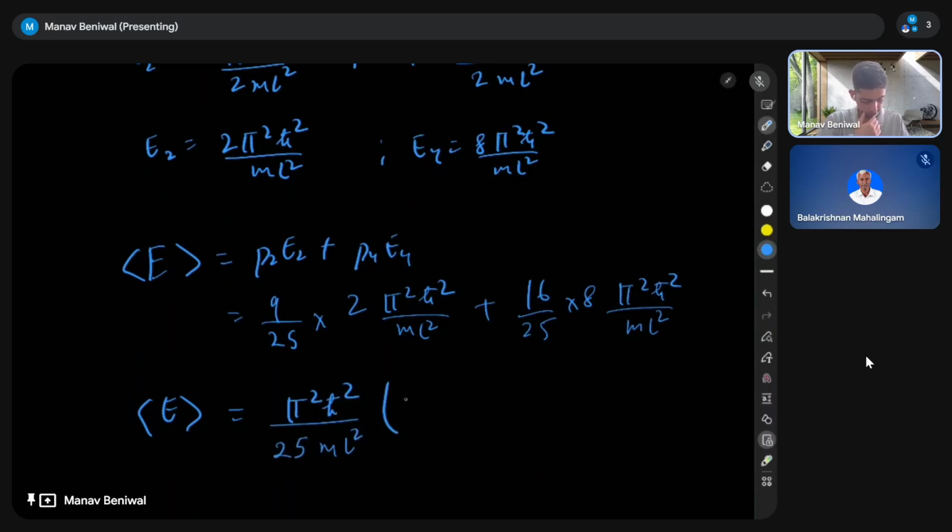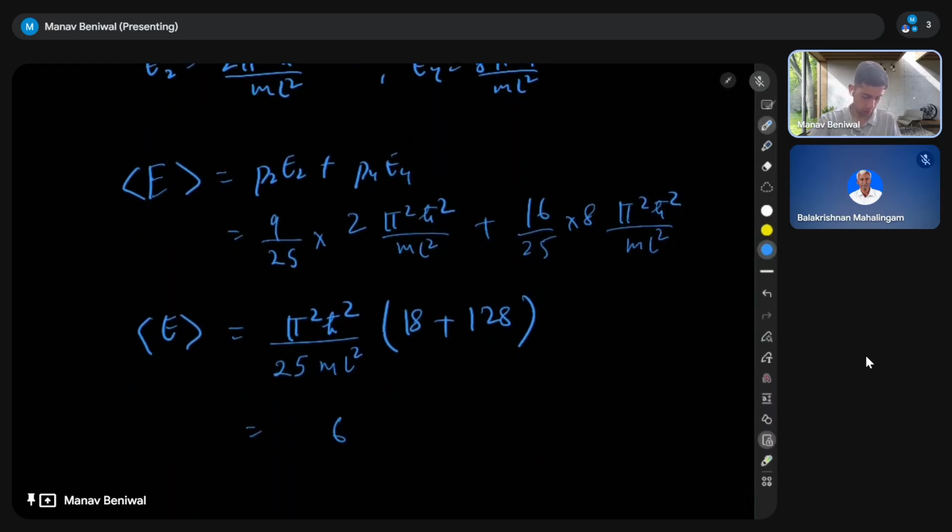And inside we have 18 and 128. Okay, so 128 plus 18 will give us 146 over 25 pi squared h cut squared over ml squared, right?